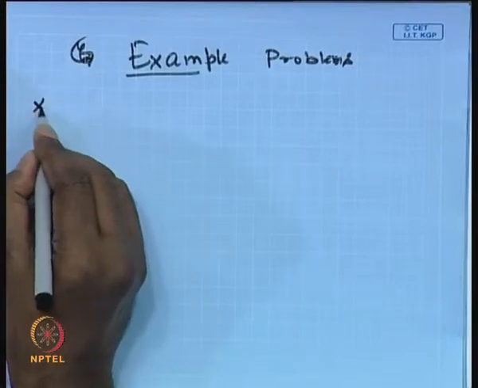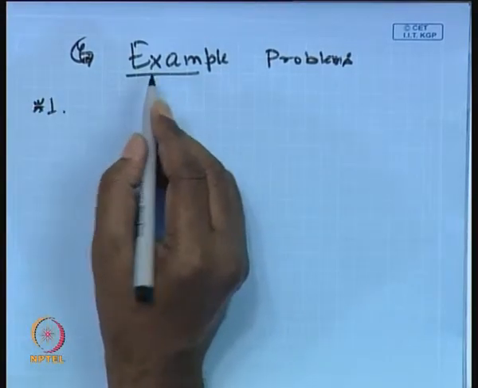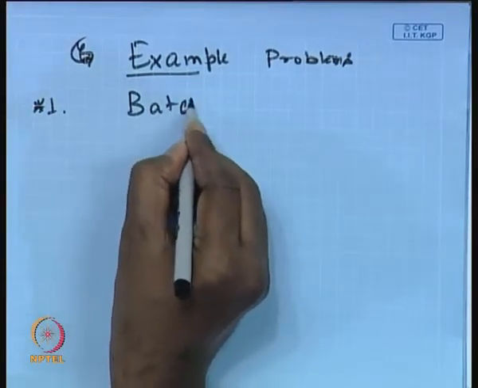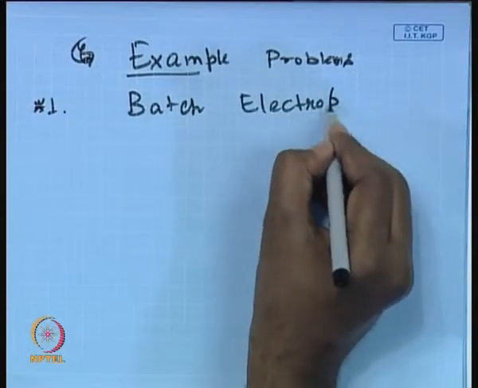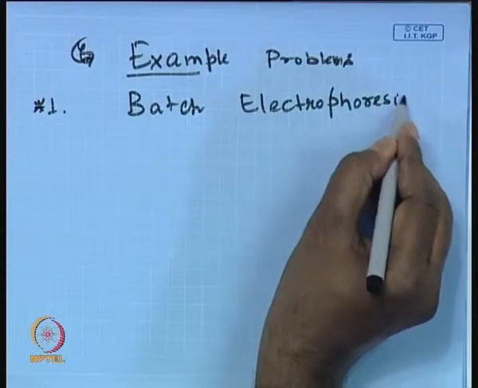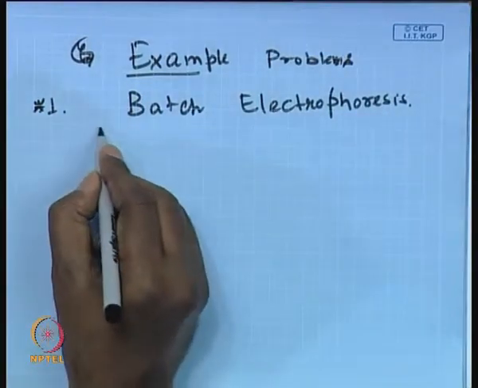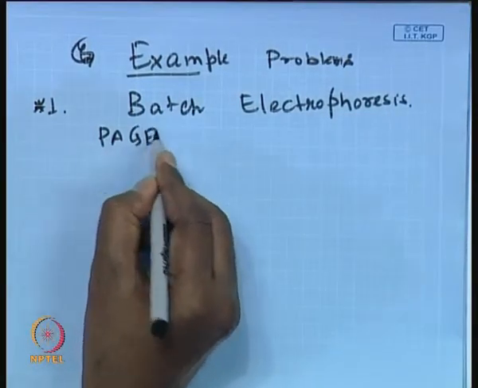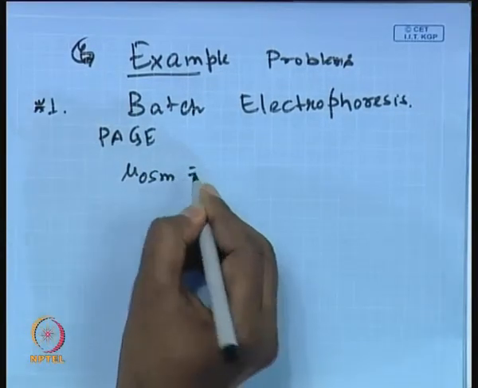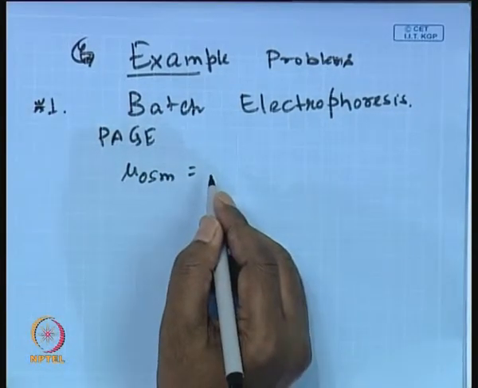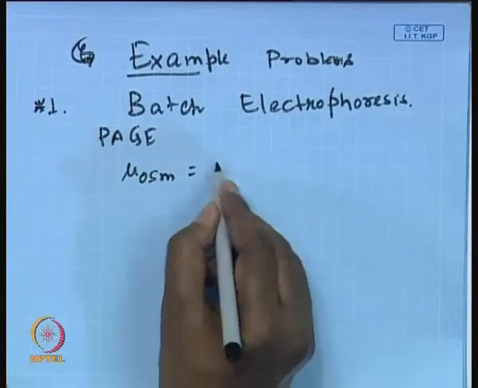Let us consider the first example, which talks about a batch electrophoresis system. The electrophoresis is done with PAGE, and the system is so efficient that the electrophoretic mobility due to electro-osmosis is 0.